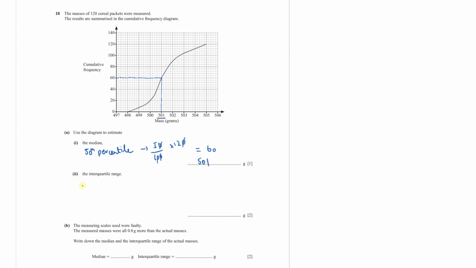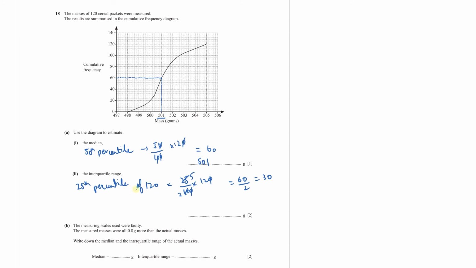The next part is the interquartile range. The 25th percentile of 120 will be 25 over 100 times 120. Zeros cancel out, and then 5 times 5 is 25, 5 times 2 is 10, 12 times 5 is 60, divided by 2 is 30.